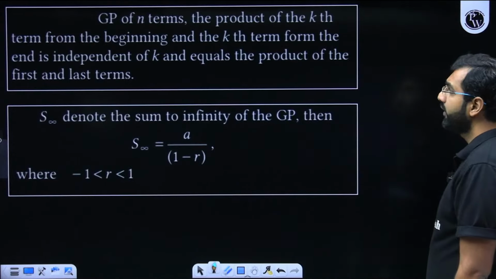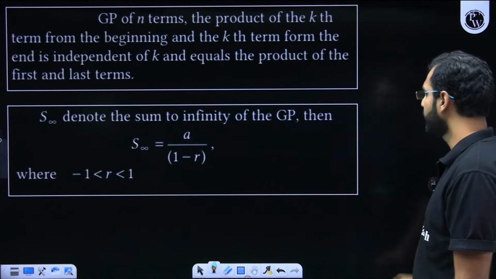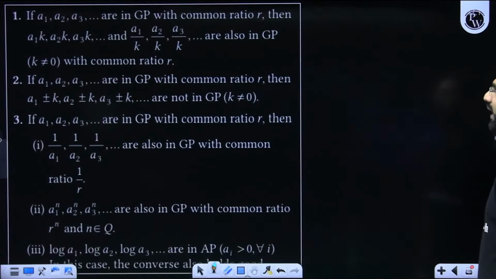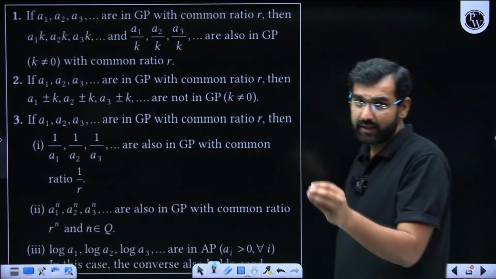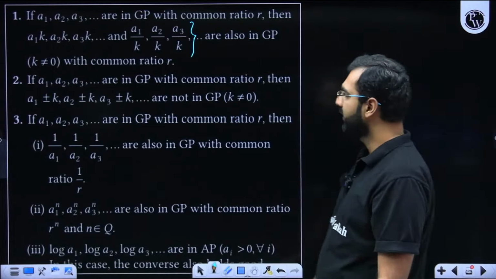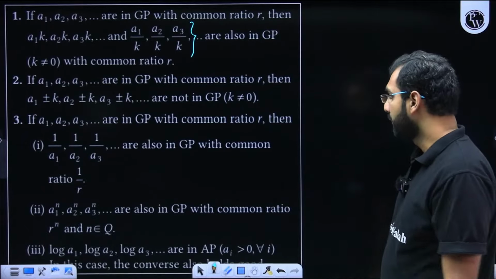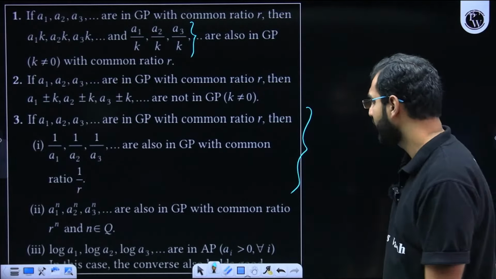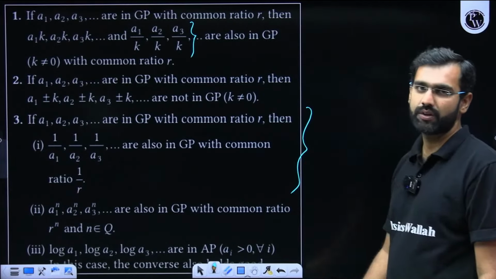Here, if I talk about GP, we know the sum of infinite terms of a GP has a standard formula. If the terms of a GP are multiplied or divided by a non-zero number, then it still remains a GP. If they are raised to a certain power, or if their reciprocals are taken, then also it remains a GP.